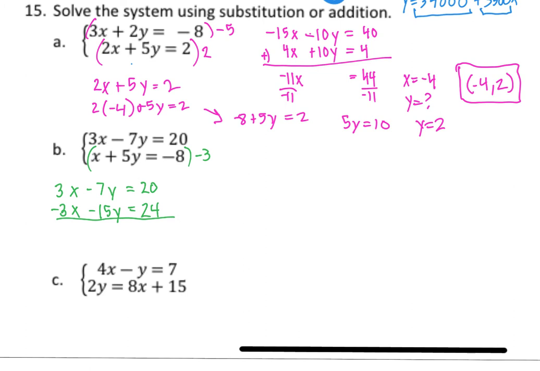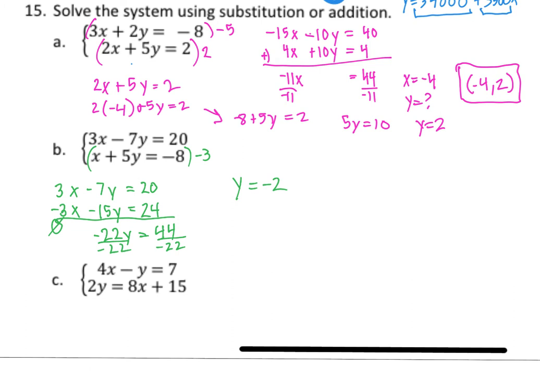Okay, so we're going to add our y's together and our x's together as 0. Negative 7 minus 15 is negative 22y, and that equals 44. Goodness, lots of 11s here. There we go, and we get y equals negative 2. Now we need to figure out what x is based off of what our y is.